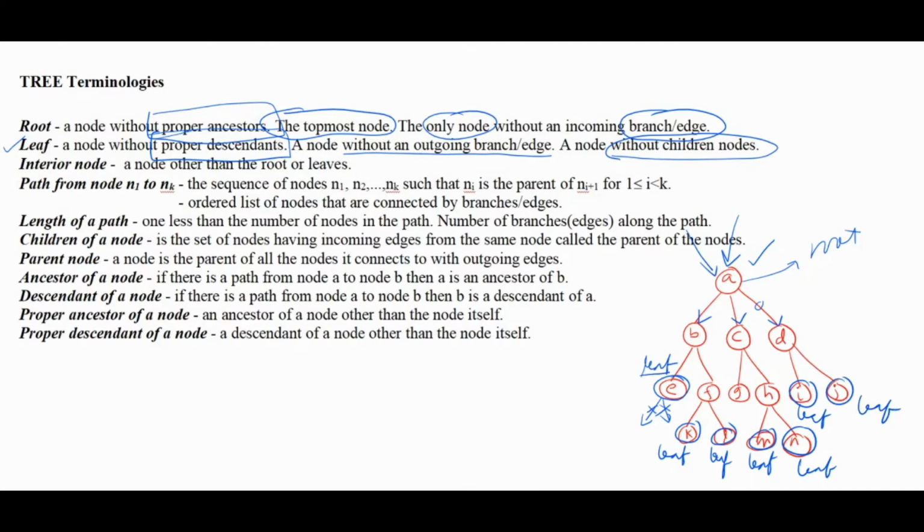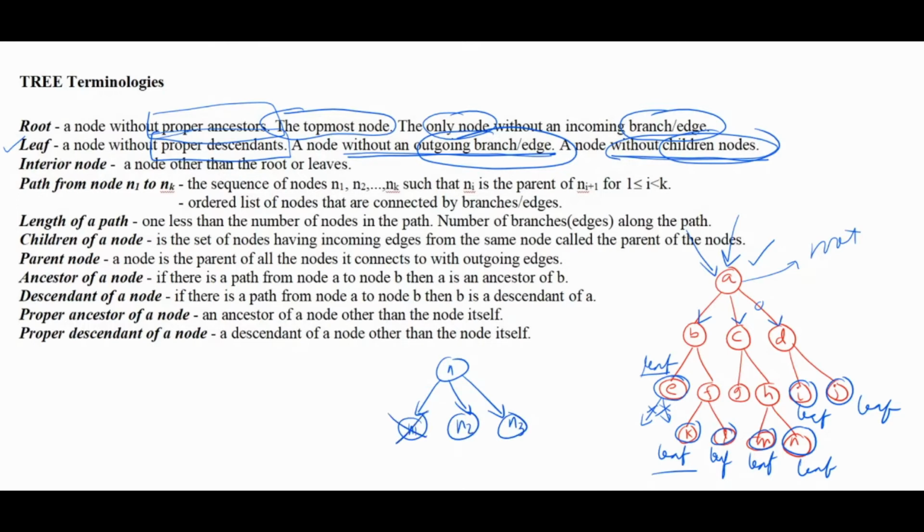So what is a leaf again? It is a node without outgoing branch or edges, or it is a node without children nodes. If it has no outgoing branch or edge, it also follows that it has no children nodes, because given, say, this node, you only have outgoing branches or edges when there are children nodes, like we have here n1, n2, n3.